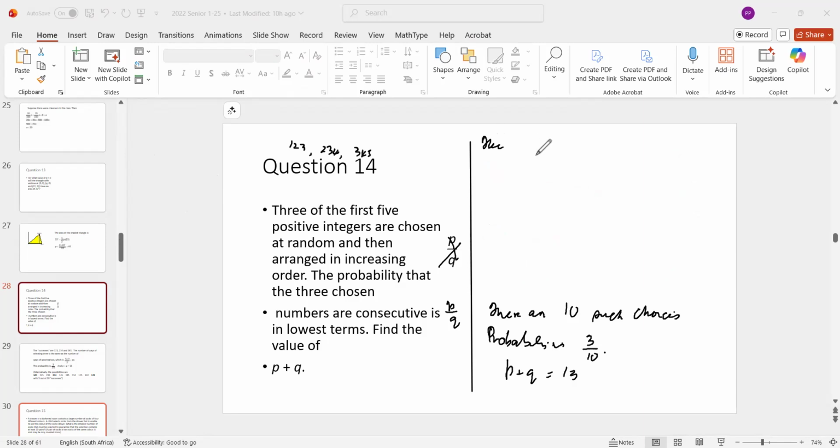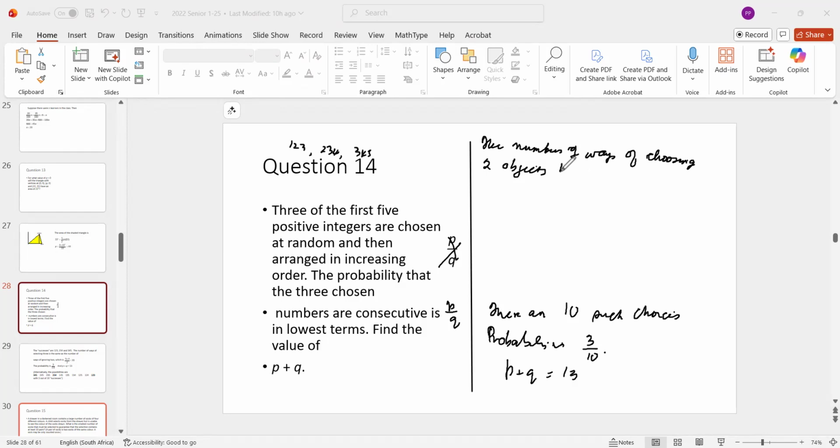The number of ways of choosing two objects. We'll call them objects. Could be cows, whatever. In this case, they are the first five positive integers.